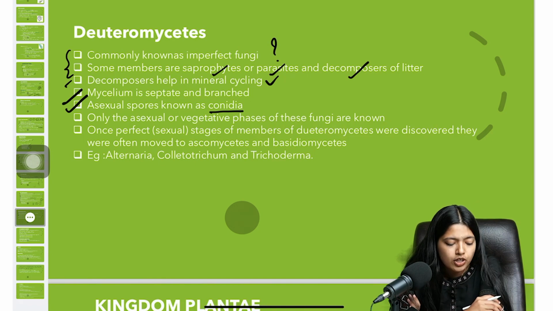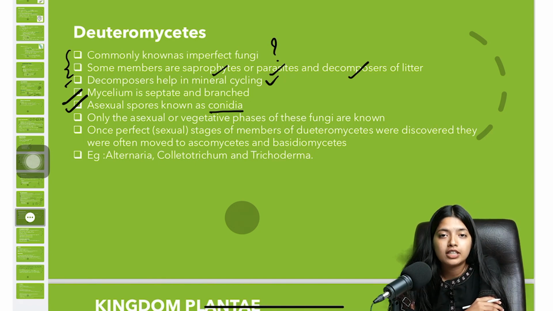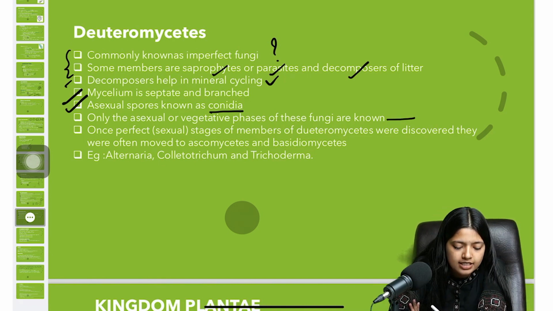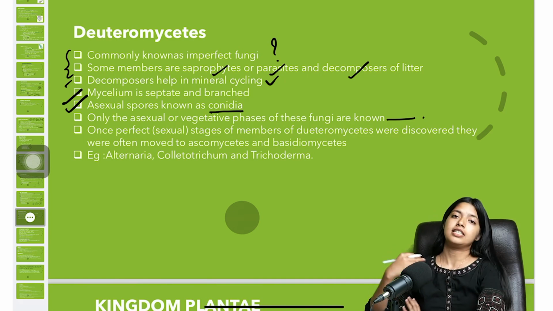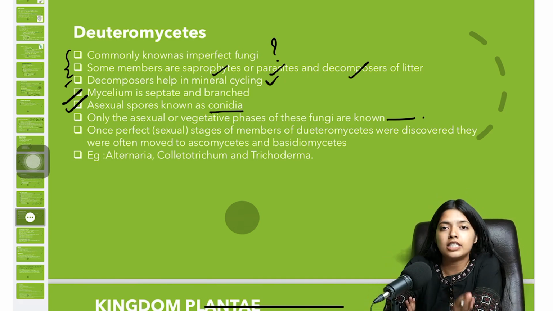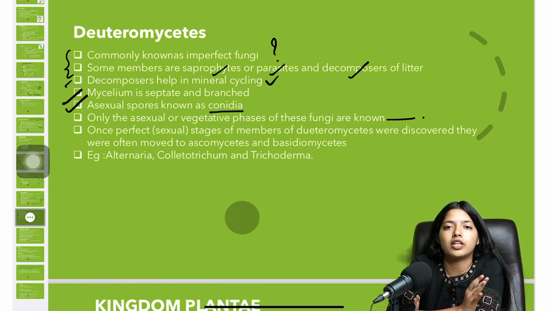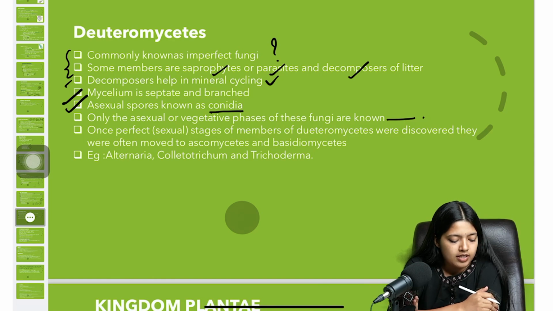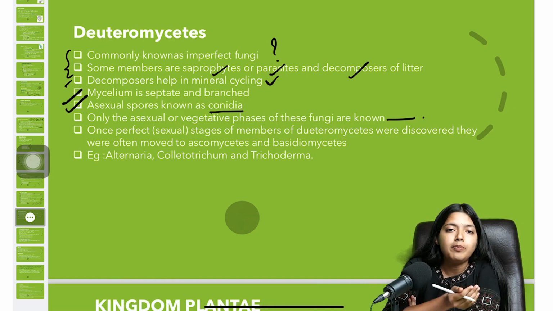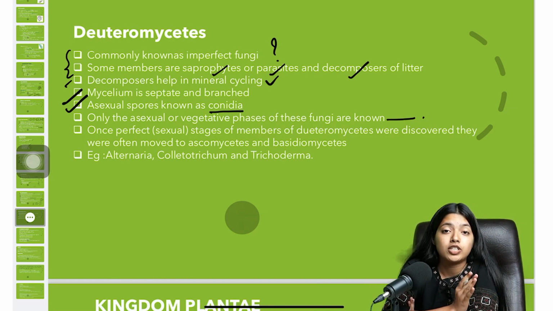Only the asexual or vegetative phase of these fungi is known. So in Deuteromycetes, only asexual and vegetative reproduction is seen. This is why they are known as imperfect fungi, because sexual reproduction is absent.